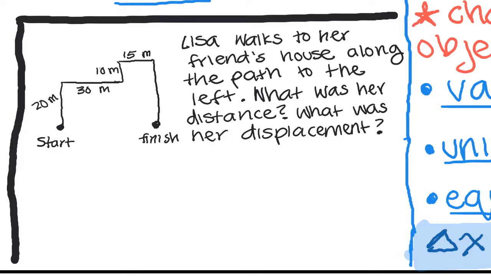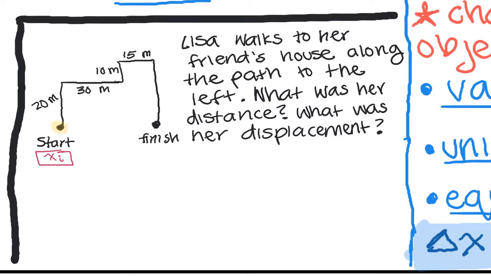So she is starting in her position right here. I'm going to go ahead and label that. Wherever our starting position is, we know that is going to be xi. So that's our initial position here.